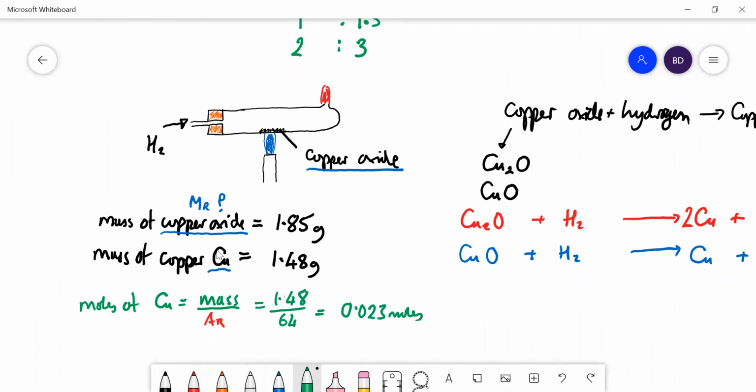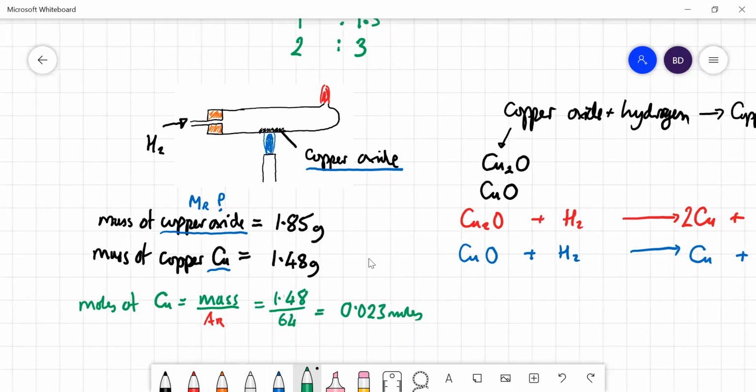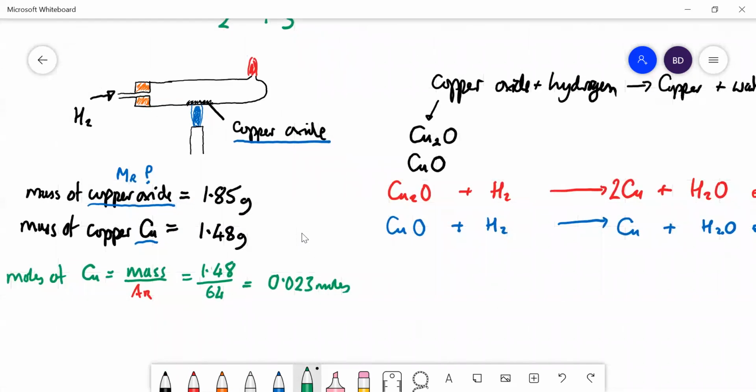Now, we can't do anything with the copper oxide, but what we can do is work out the mass of oxygen which reacted, because we can subtract the mass of the copper formed from the mass of copper oxide, and that should give us the mass of oxygen reacted.